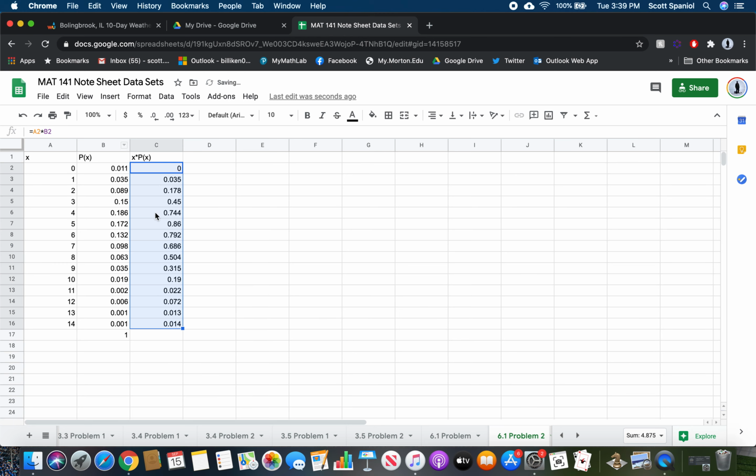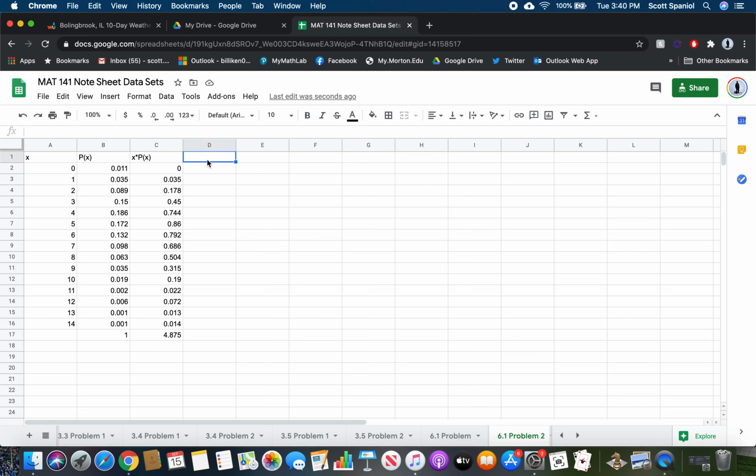And we'll do the rest of them. And then to find the mean, we just add those together. So we bring over our sum. And so the mean is 4.875. So in this case, what that means is we would expect that during lunch at this Wendy's they'd have about 4.875 cars in line at any given time. Okay, on average. That's the expected value of that.